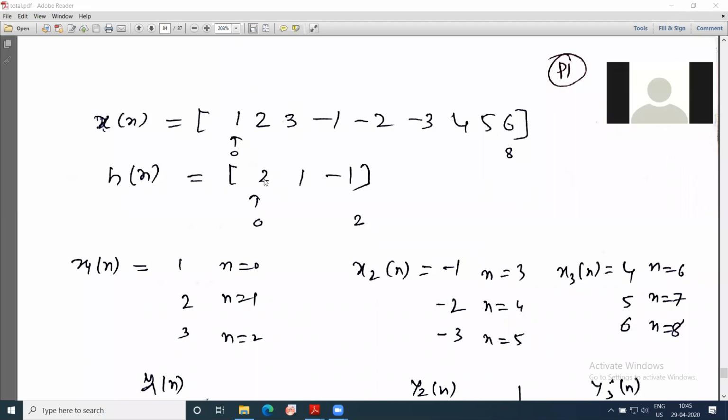So now what I have said, the longer sequence, you have to divide into smaller sequences, and that length may or may not be equal to hn. What is your n3?